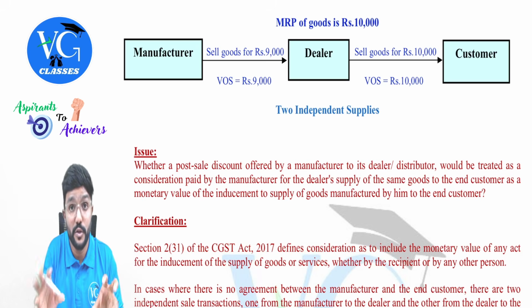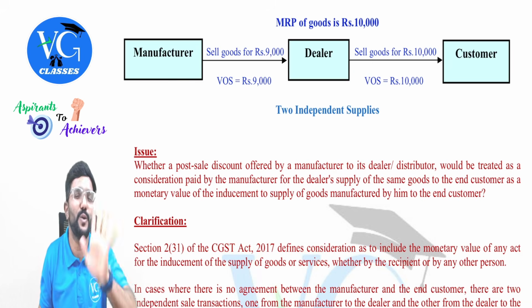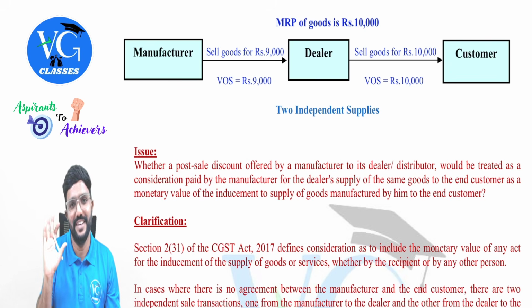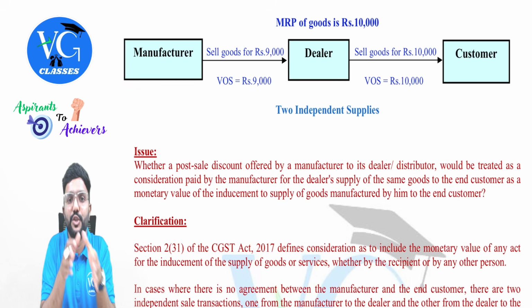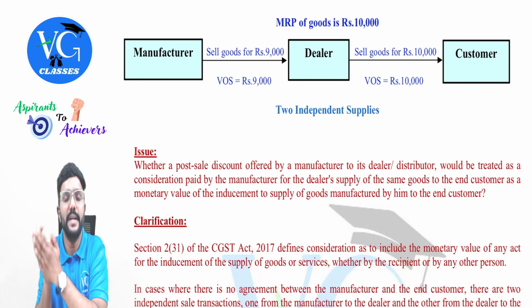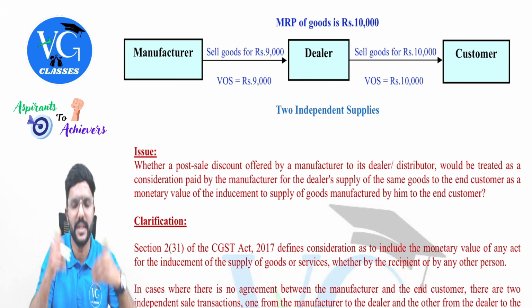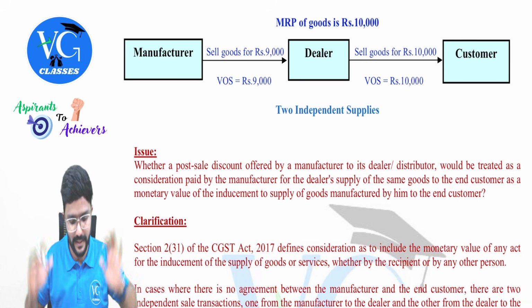So that means there is a separate supply between manufacturer and dealer for 1,000? No, no such thing. There is no service element here. It is only a supply of goods, guys. And two independent supplies are there. One is from manufacturer to dealer, the other one is from dealer to customer. And when goods are sold from manufacturer to dealer, all the risk and rewards are also transferred. Clear? Yes.